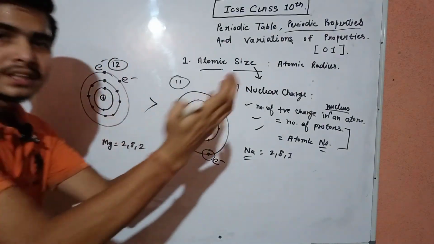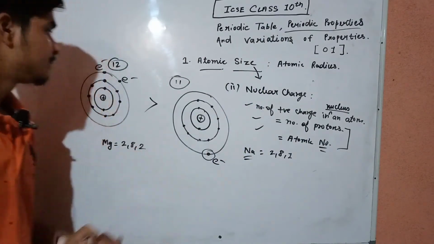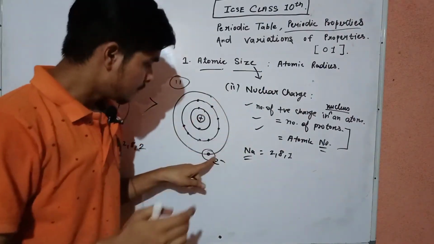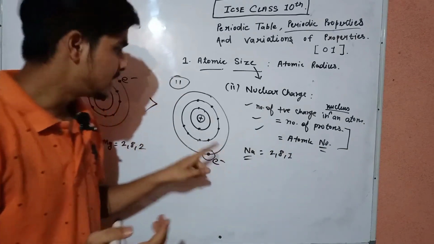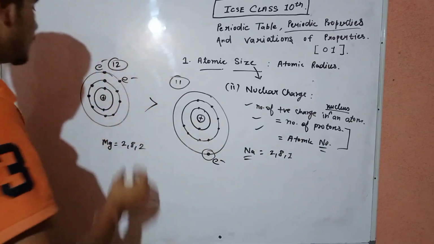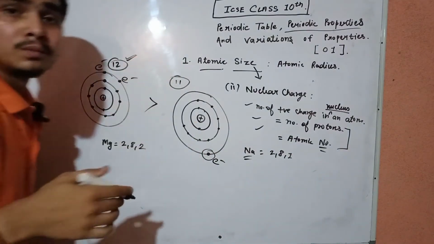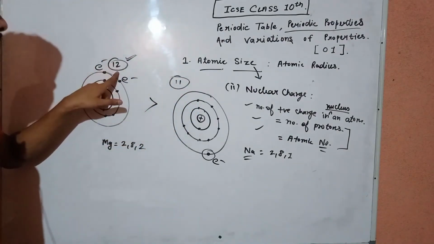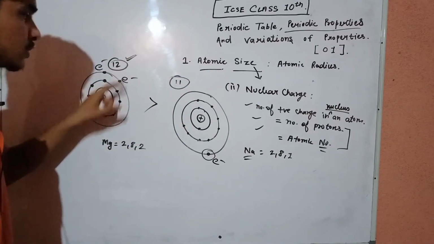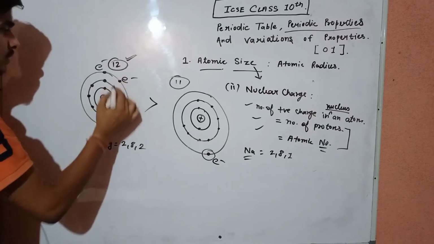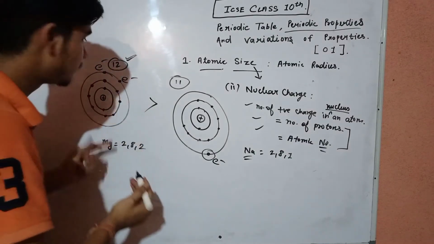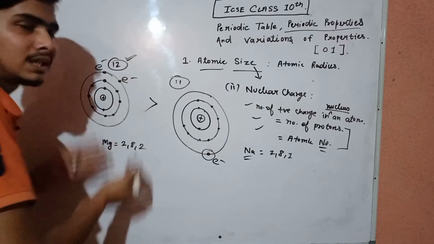And this proton is also trying to pull this electron towards its nucleus. But as this has more capacity, it has 12 nuclear charge, it will be able to attract the outermost shell more.